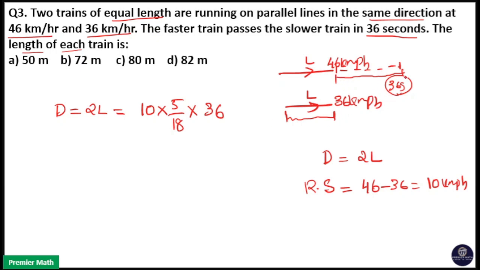In 36 seconds, train covered 2L length, and so this is equal to 18 into 2. So that means 100 meter is the distance covered, that is 2L. That means length of the each train is 50 meter here. So option A is your answer.